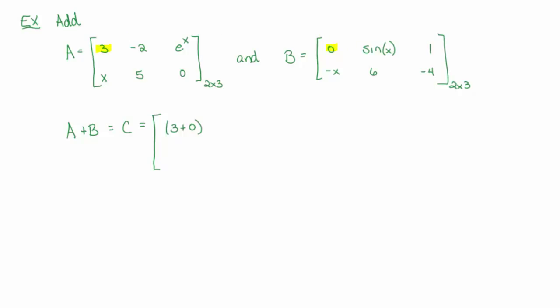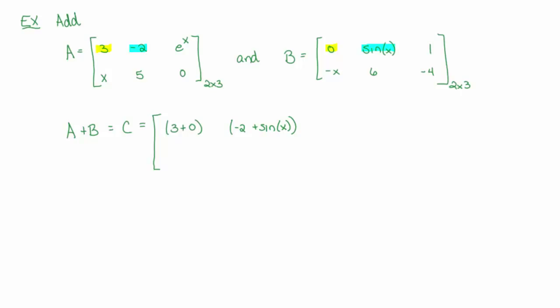And then you can continue forward. The row 1, column 2 element will be -2 plus the sine of x. And of course, that came from this -2 and this sine of x.